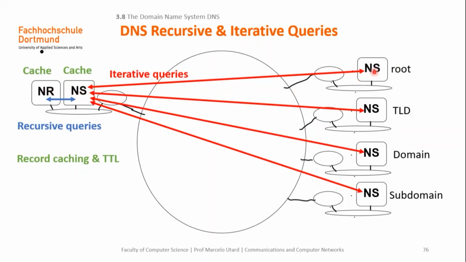Typically, the root servers and top-level domain servers don't accept recursive queries, only accept iterative queries. That is because those zones only offer information about the zones under those branches of the DNS tree.